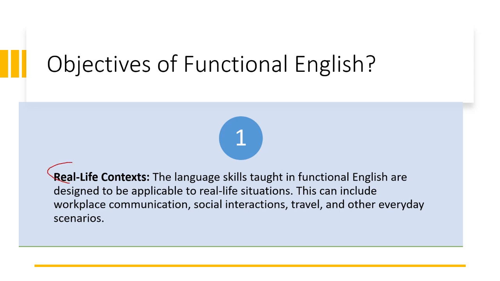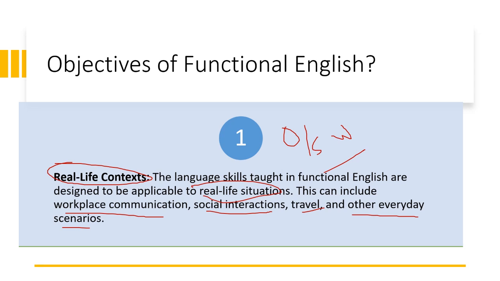Real life context. The language skills taught in functional English are designed to be applicable to real life situations. This can include workplace communication, social interaction, travel, and other day-to-day scenarios. So the skills, oral or spoken and written, enable the learner to use this language in a real life situation.